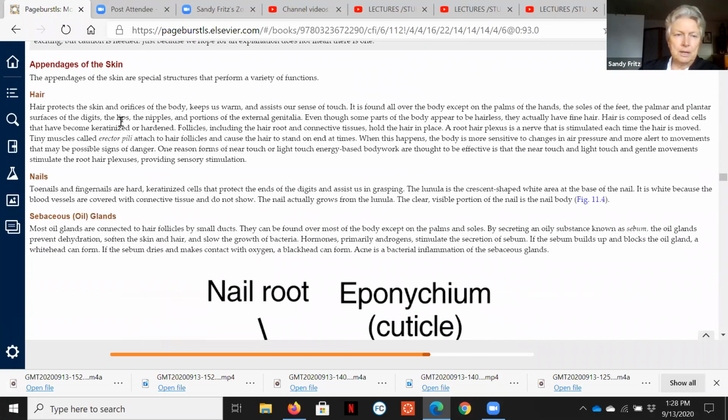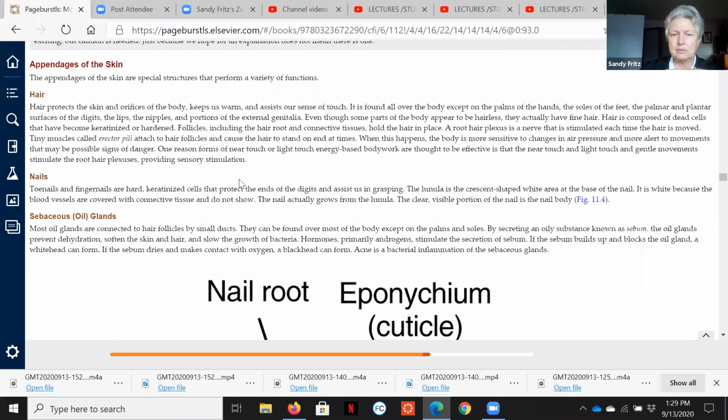For instance, when I'm massaging the scalp, if I notice that I'm getting a lot of hair falling out, or I notice that on the pillowcase, that's going to make me stop and wonder what's going on.